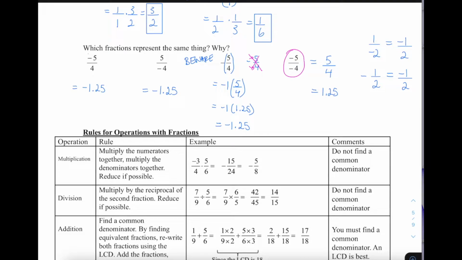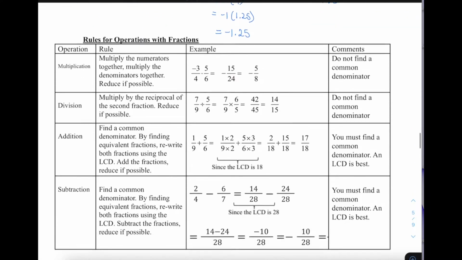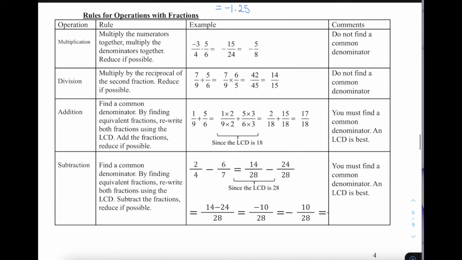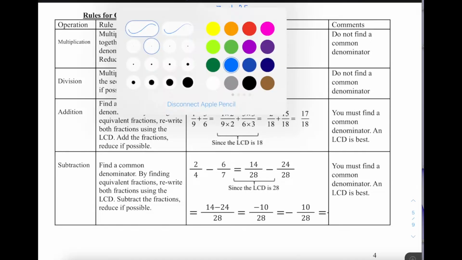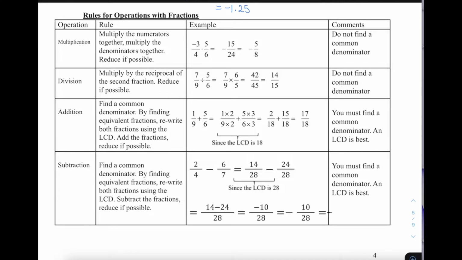Okay, so let's keep this in mind as we do a few examples. I'm not going to spend any time on this chart, but if you want a refresher with 4 examples, this chart will help you remind yourself of the rules for operations with fractions, and I can see that this got cut off here. This should be negative 5 over 14 as your final answer there.